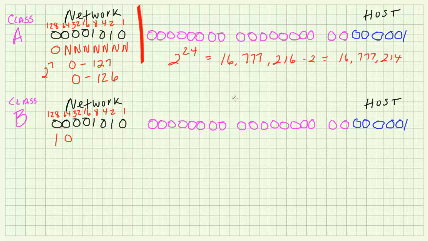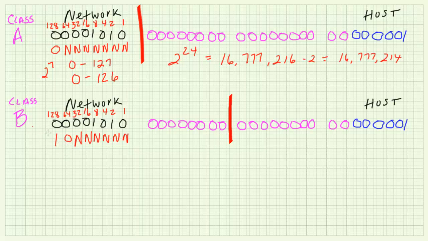And when that's the case, the boundary between the network and the host portions of this address falls between the second and the third octet right here. So for the rest of this first octet, the 1 and the 0 are fixed.